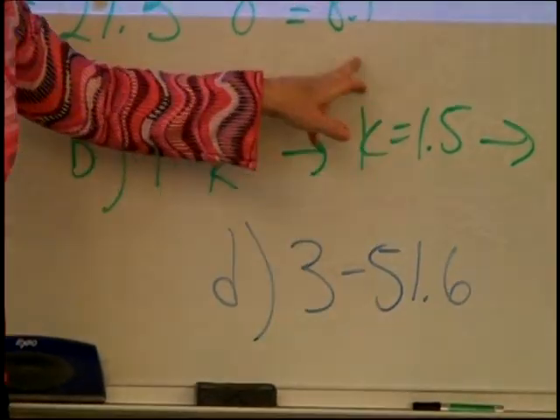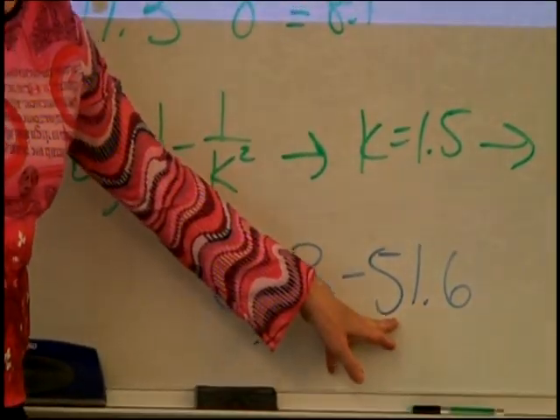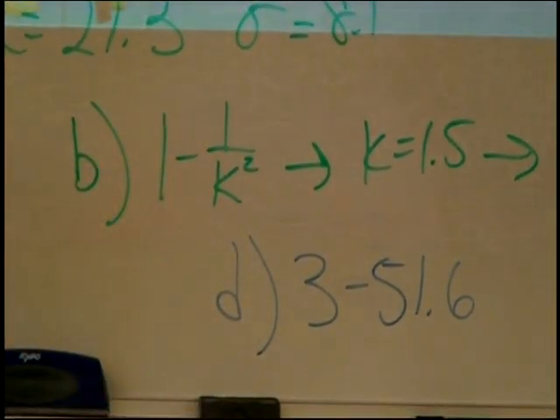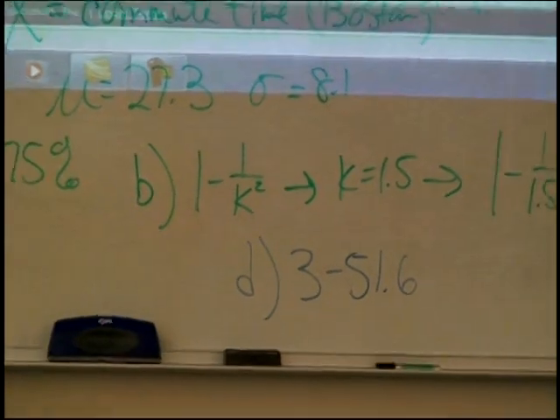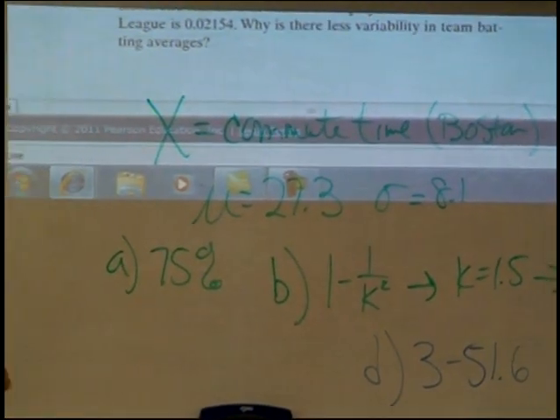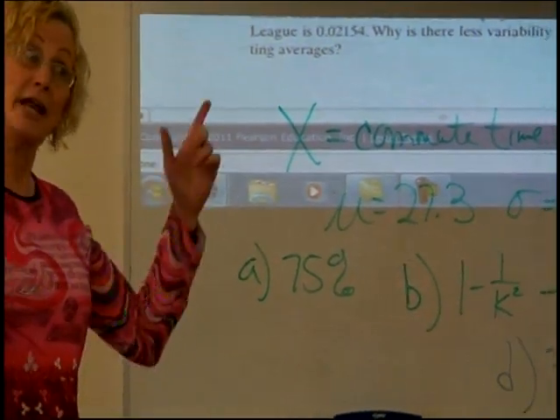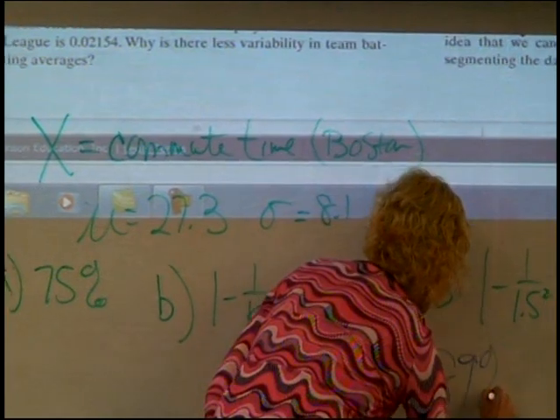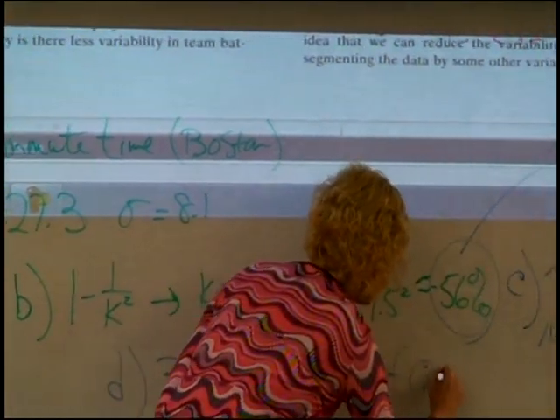No? Add it again. You there yet? No. Add it one more time. You there? Yeah. Okay, good. So we add and subtract 3 standard deviations to get from 3 minutes to 51.6. How much of the data is within 3 standard deviations? 89%.